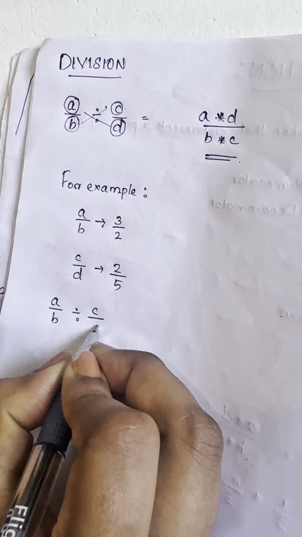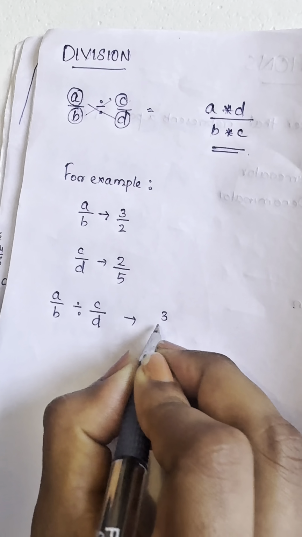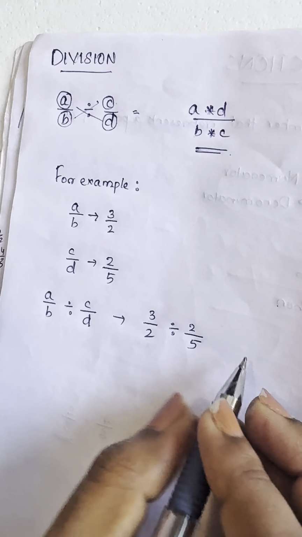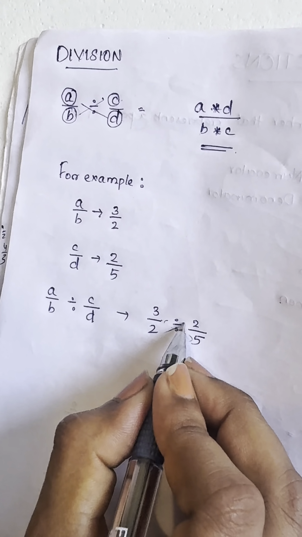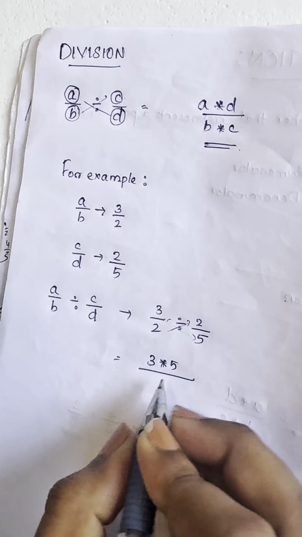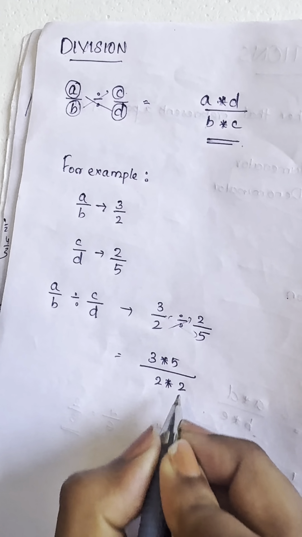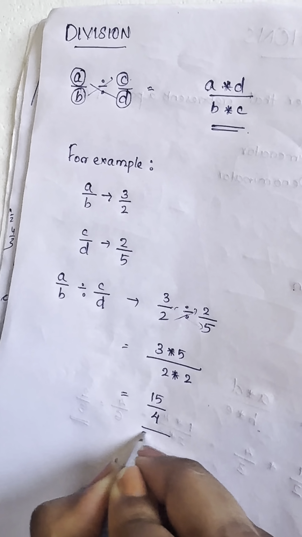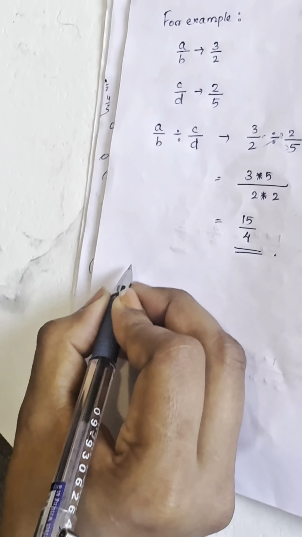So a by b divided by c by d will be 3 by 2 divided by 2 by 5. We can do the cross multiplication as we have done for variables. That will give you 3 multiplied into 5 divided by 2 multiplied into 2, which will be 15 divided by 4. So that will be the answer.